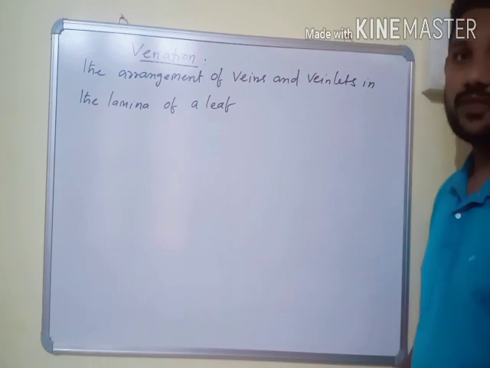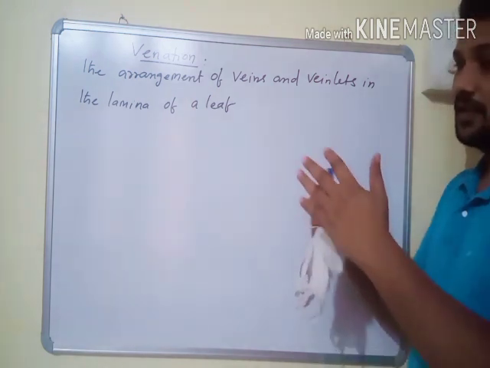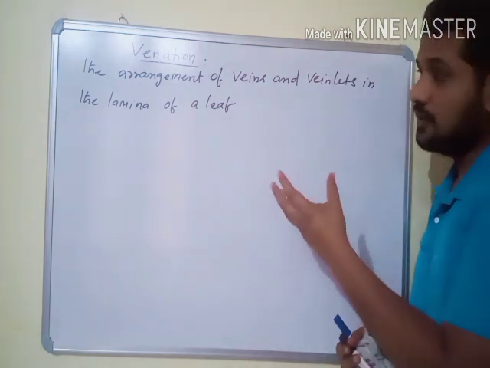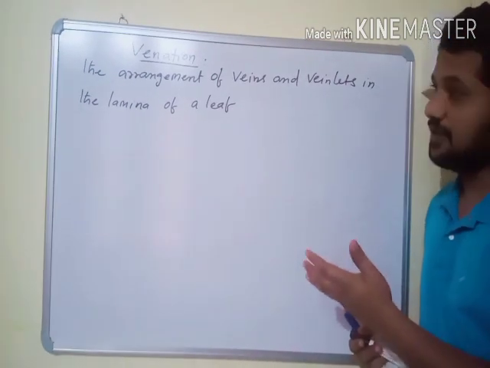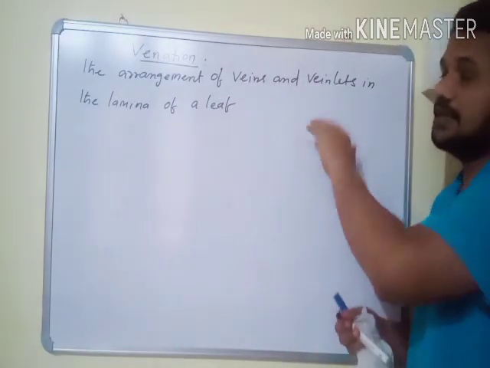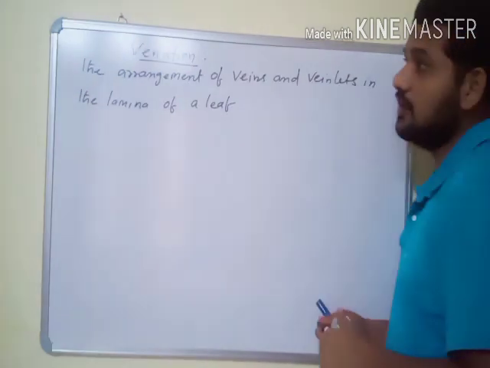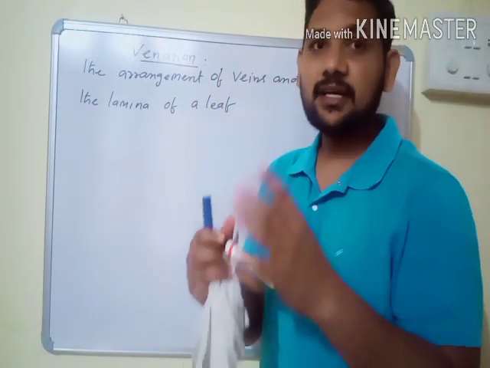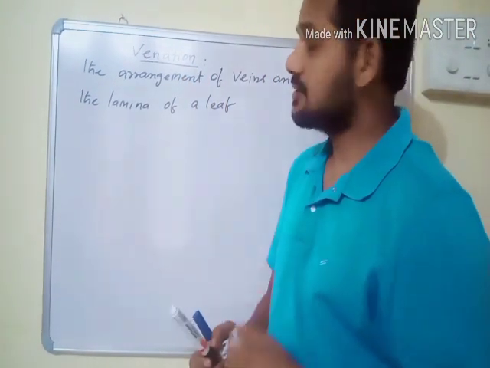Venation usually gives mechanical support to the lamina. So already I told you lamina has midrib, veins and veinlets, and the arrangement of veins and veinlets in the lamina is called venation.